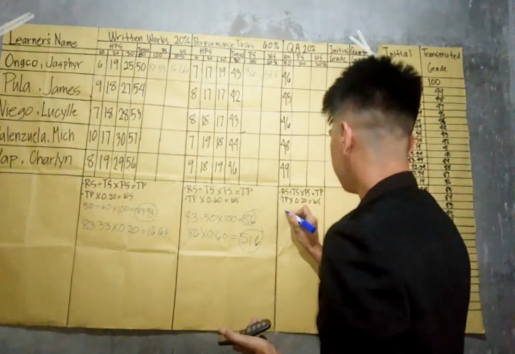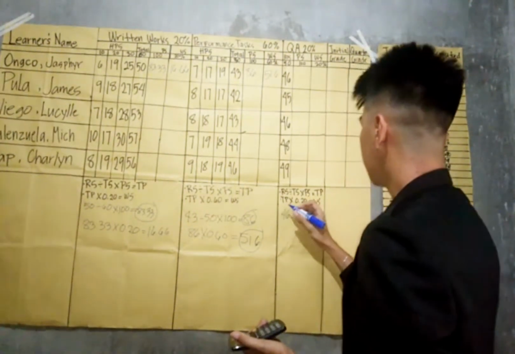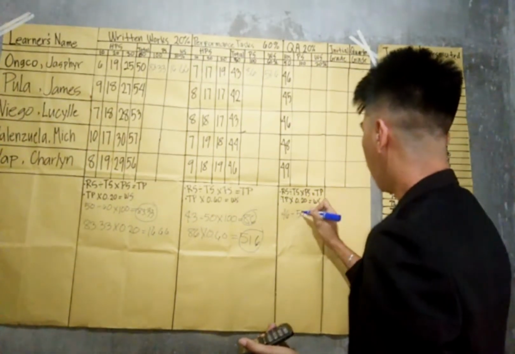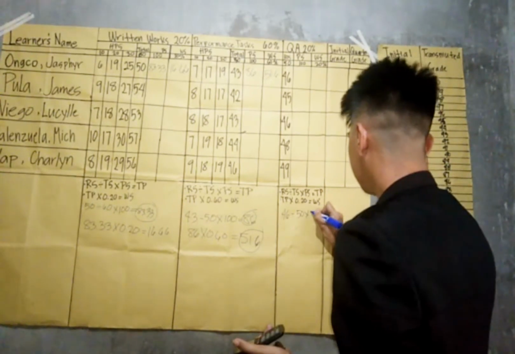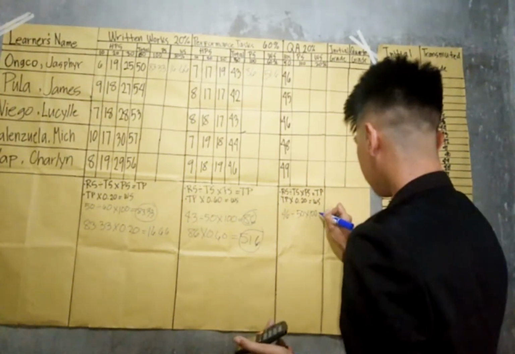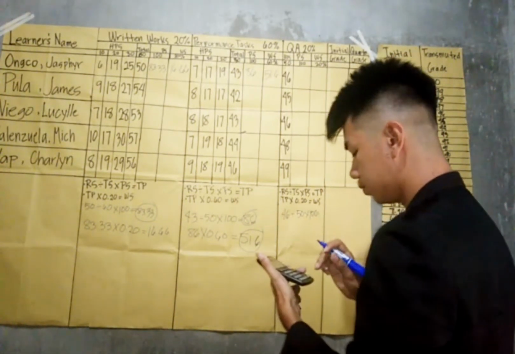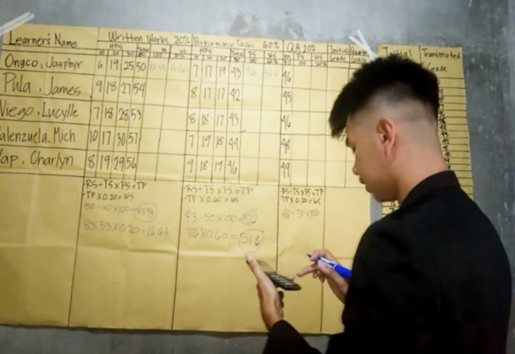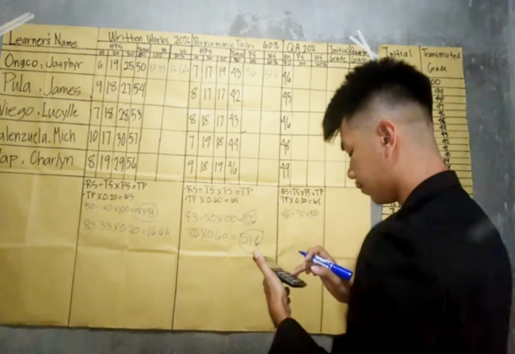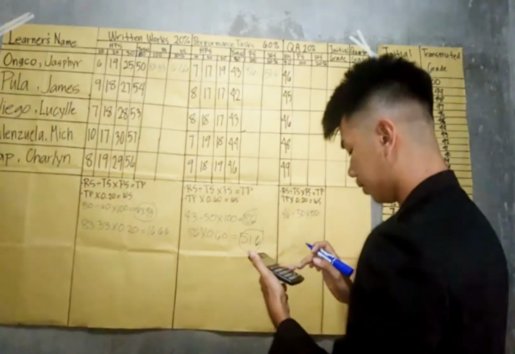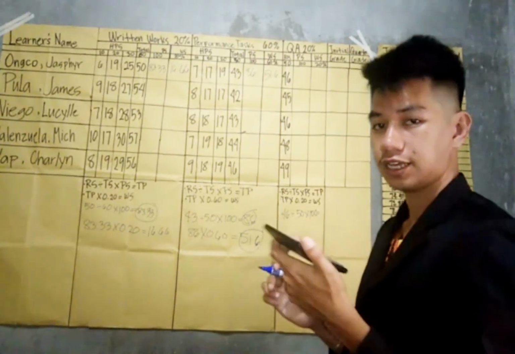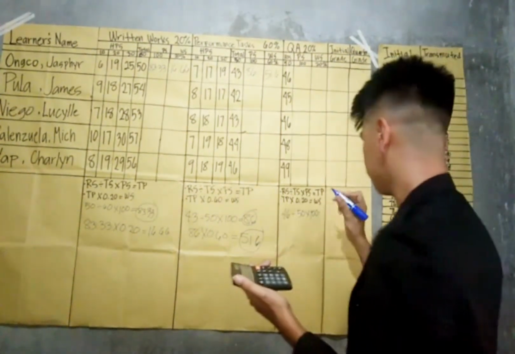Raw score is 46 divided by 50, multiplied by 100, equals 92.